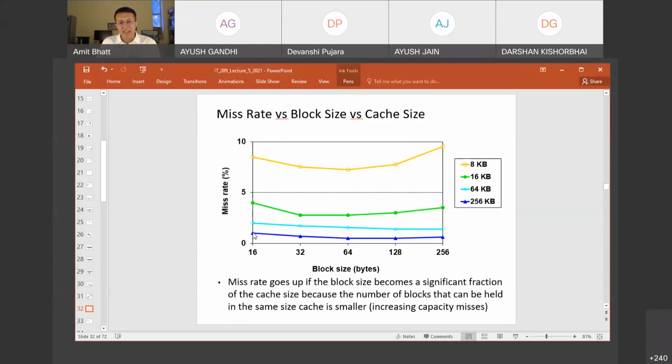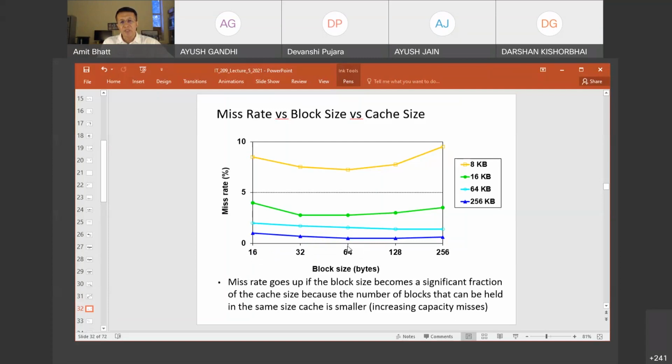So let us take this extreme example where your cache size is very large, 256 KB. And now when you look at it, yes, when your block size is only small, only 4 words, then the miss rate is around maybe 1.7% or something. When I make it 8, it has dropped down to less than 1%.